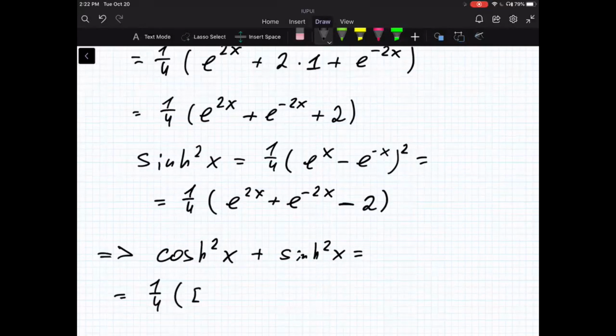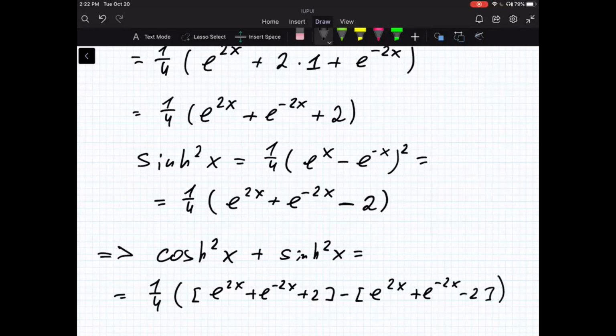And first, let me rewrite hyperbolic cosine plus 2 and minus hyperbolic sine. That gives you this. And then, of course, you see some cancellation. So exponential of 2x, exponential of 2x, minus 2x, minus 2x.